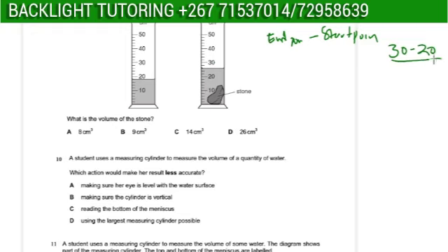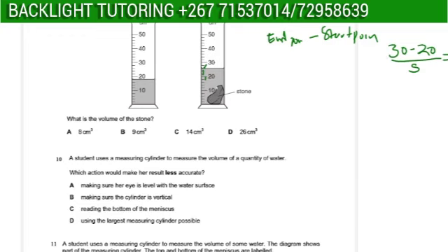We are taking the units between 20 and 30, but we don't include the first or the last one. Between them there are 5 units. So 30 minus 20 is 10, divided by 5, which is 2. So every unit is 2.